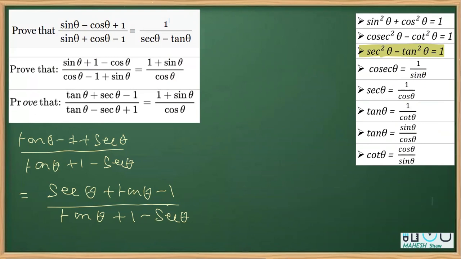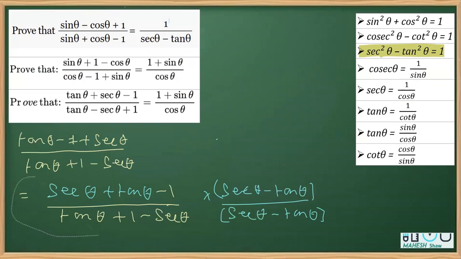One more time, our LHS is sec plus tan. In case I multiply this whole thing with sec theta minus tan theta, and as we are multiplying, we have to divide it also by sec theta minus tan theta. So if we do so, let's observe what we are getting.